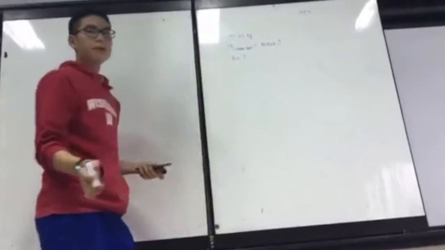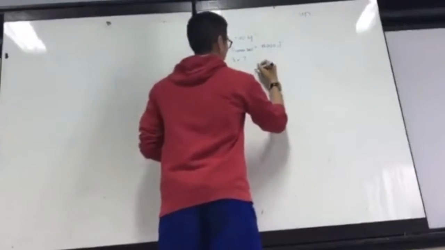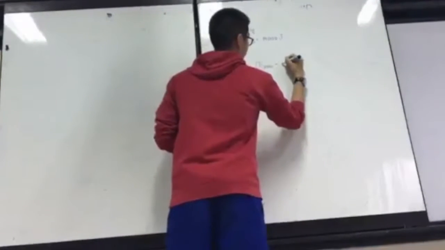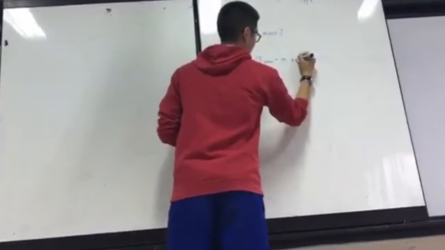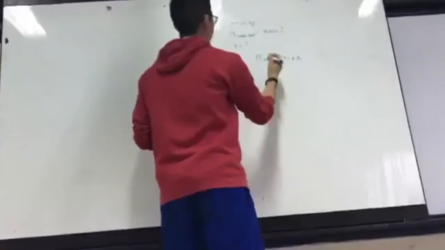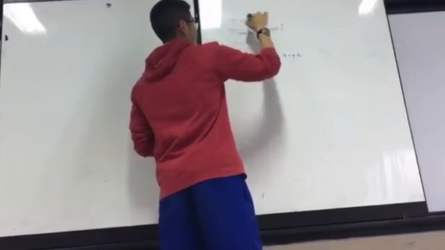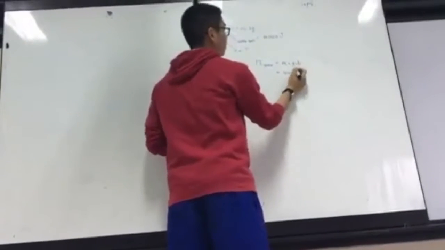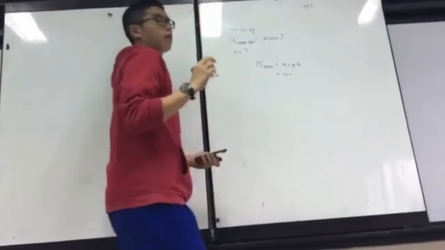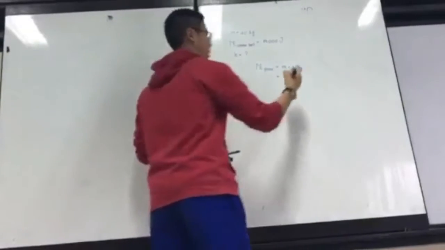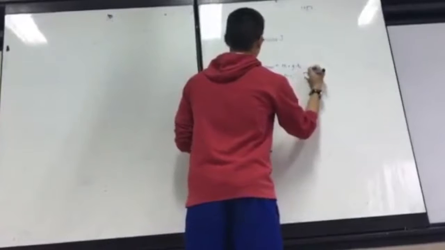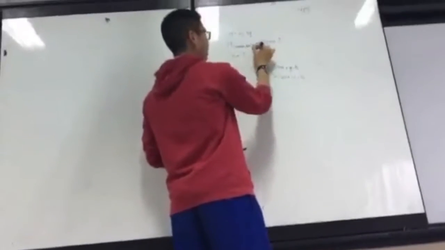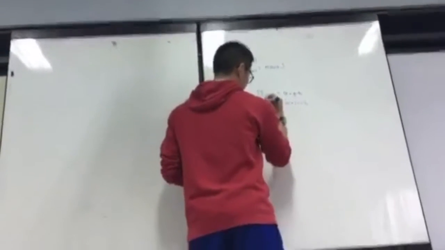So you remember that the formula is PE gravity is equal to mgh. So we take this m, 40, times gravity, which is always 10 on the earth. And height we don't know. And PE, the given, is already said to be 14,000 joules.